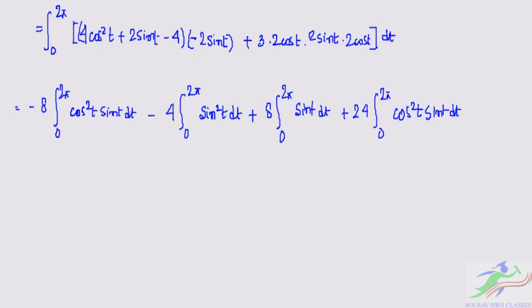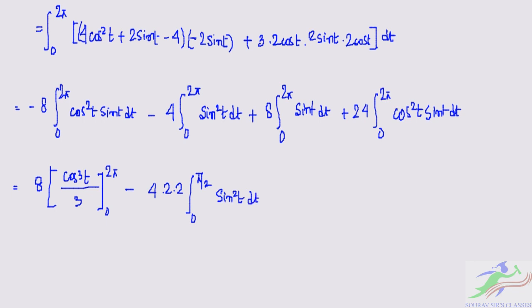Now solving this, do the integration. It is 8 of cos cube t by 3 from 0 to 2 pi, minus 4 of, this is 2 into 2, so 0 to pi by 2 of sin square t dt, plus 8 of minus cos t from 0 to 2 pi, plus 24 of cos cube t by 3 from 0 to 2 pi.